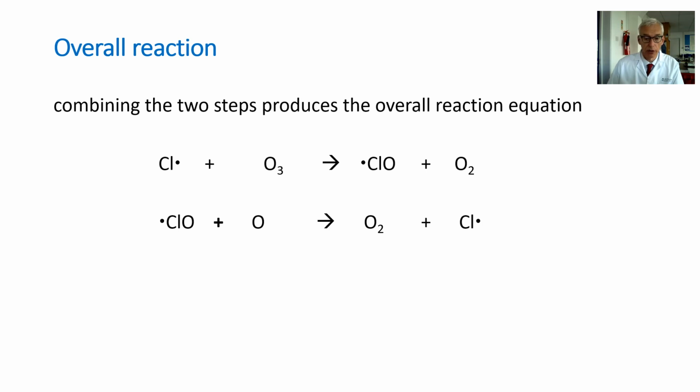Okay, so how I go about this is to do something quite visual. I draw a line separating out the reactants and the products, and then I eliminate reactants that also appear as products, and that will leave me with an ozone and an oxygen atom on the left and two dioxygens on the right hand side. So my overall equation is like so.